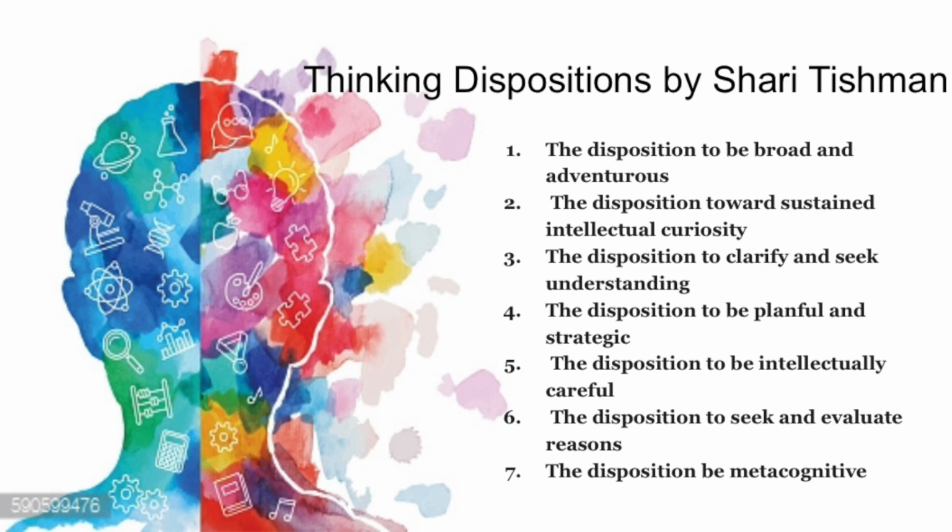Together with being metacognitive, there is the thinking disposition to be intellectually careful. This is the ability to be precise and organized and express our ideas in a complete way to make it easier for the audience to understand us.